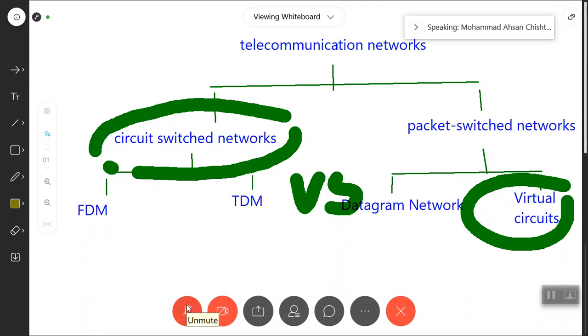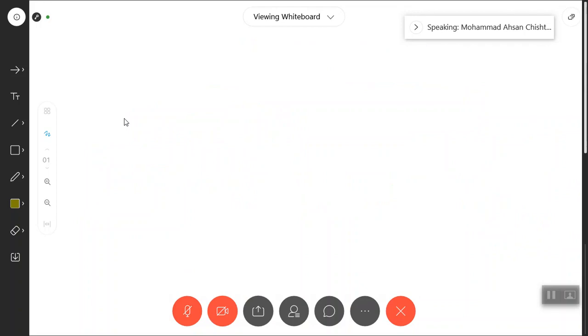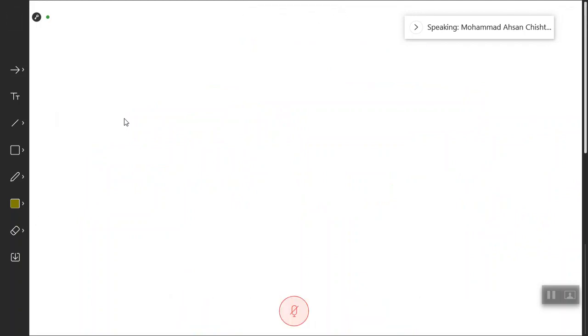Okay, next thing I'm talking about is bandwidth. It's a common term that we come across. What is the bandwidth that you get? We get bandwidth in hertz. When we talk about hertz, it obviously means we are talking about frequencies.